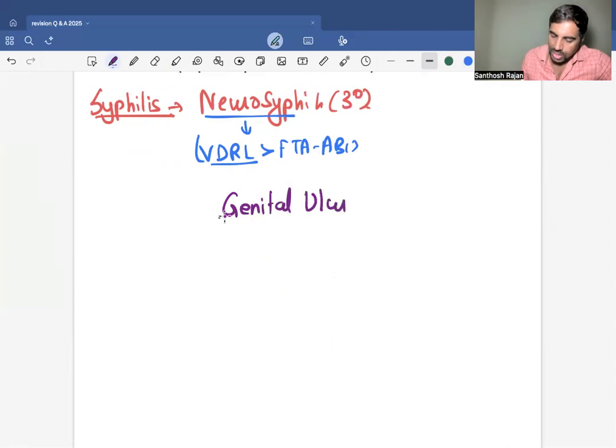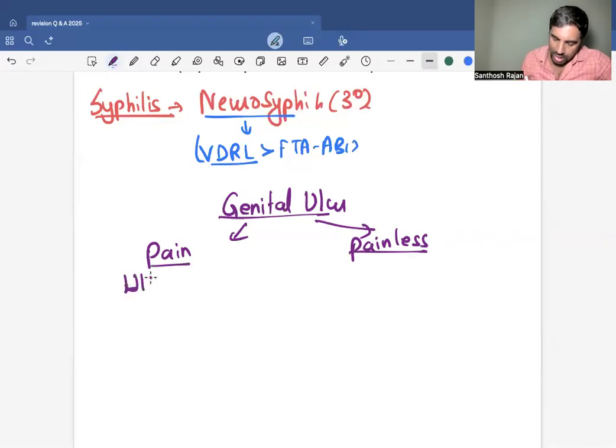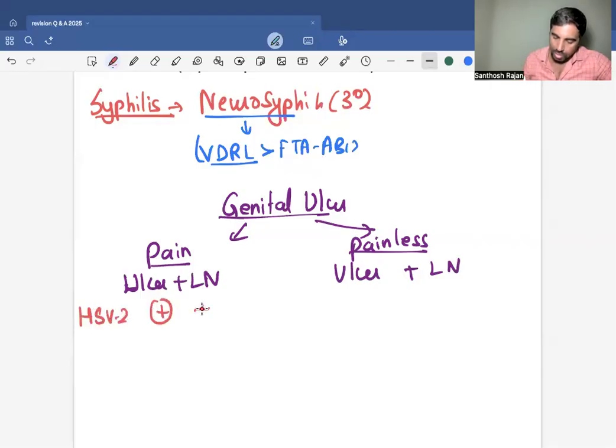Genital ulcer, when you talk, you can have painful or painless. When you say painful, both your ulcer and the lymph node are painful. Painless means ulcer plus lymph node, both. So here, the most common painful is herpes simplex virus 2. Both are painful only. The other one is H. ducreyi.